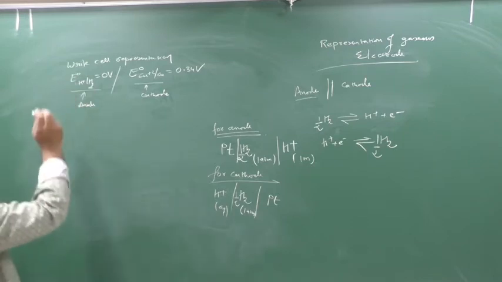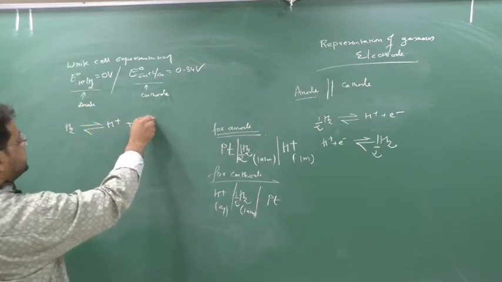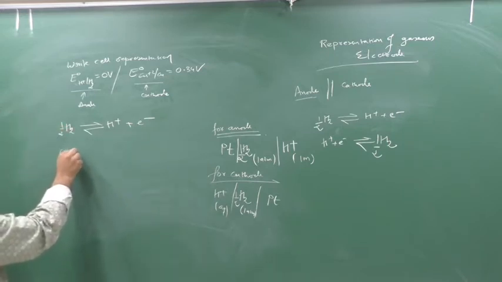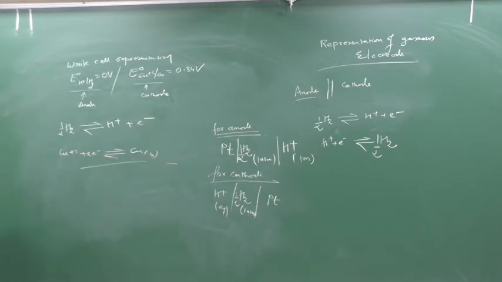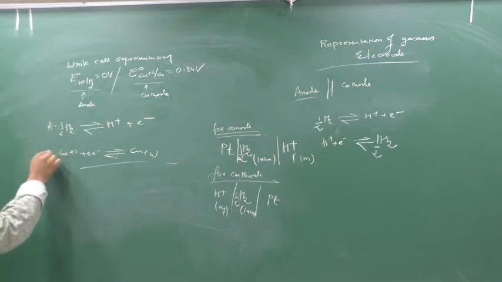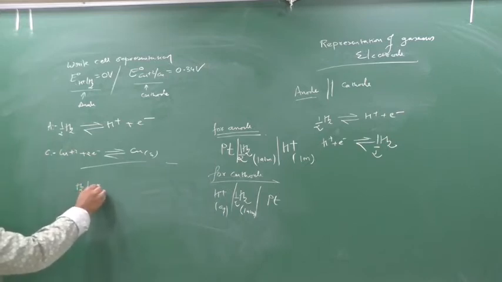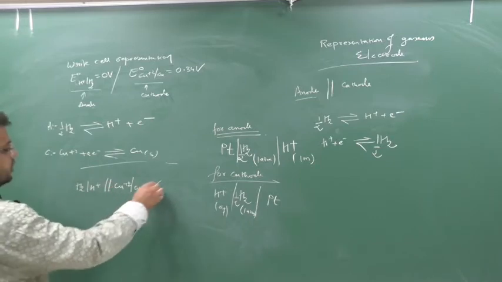First we write the anodic reaction: H2 gives H plus plus electron, because oxidation, half. Cathodic reaction: Cu plus 2 plus 2 electron gives Cu. Now I will write the cell representation. This is for the anode and this is for the cathode. As hydrogen is a gaseous electrode, I cannot write directly H2, H plus, salt bridge, Cu plus 2, Cu. That is wrong.